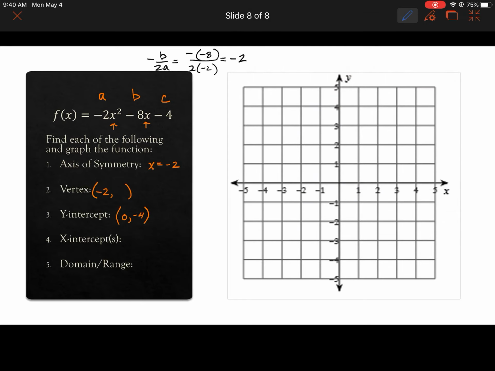So we've got, I didn't leave myself a lot of space here. We've got y is going to be equal to -2 times that x of -2 squared, minus 8 times -2. Remember, I'm just using the -2 as input, minus 4. So simplifying this, this is going to be -2 times 4 is -8, plus 16, which is 8. 8 minus 4 is 4.